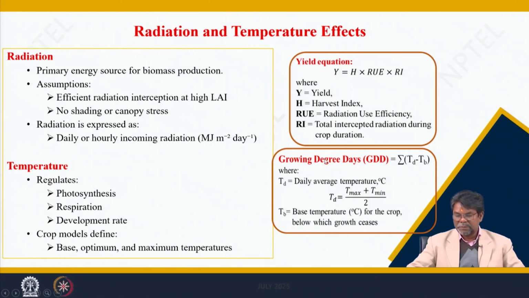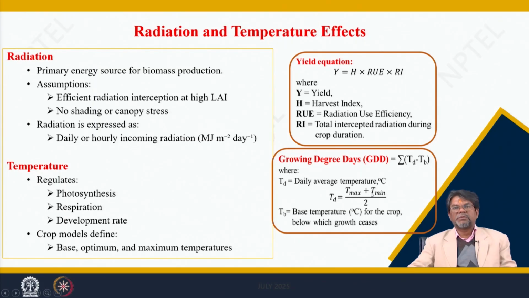We have discussed growing degree days, how the growing degree days concept is used to predict the growth phases. Growing degree days is TD minus TB, where TB is the base temperature for the crop, the base temperature below which crop growth and development stops, and TD is the daily average temperature, T max plus T min divided by 2.